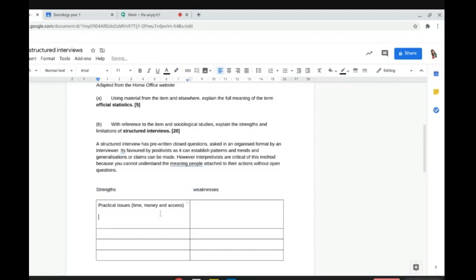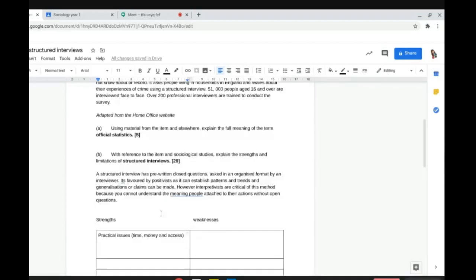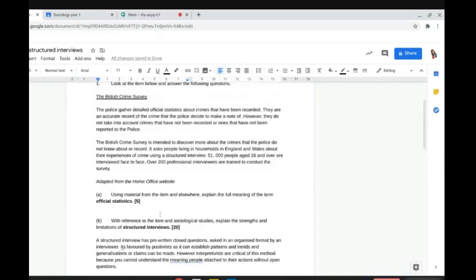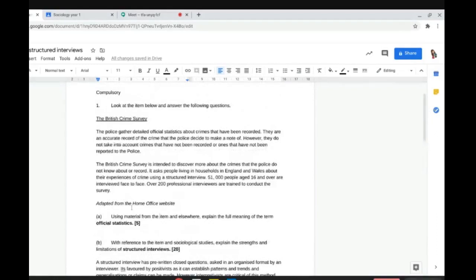So for practical issues of time, money, and access, I think by this point I really need to read the item because I must refer to it. In the British Crime Survey, the police gathered detailed official statistics about crimes that had been recorded. They are an accurate record of the crimes that the police decide to make a note of. However, they do not account for crimes that have not been recorded or reported to police.